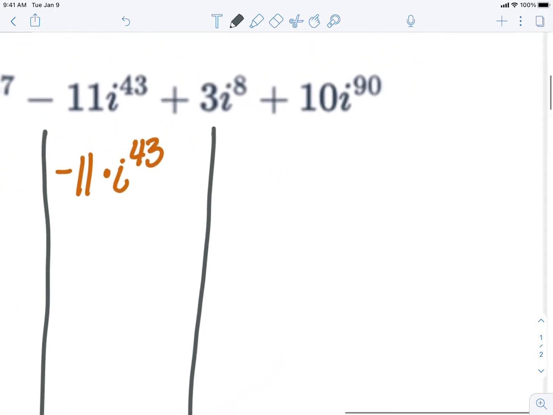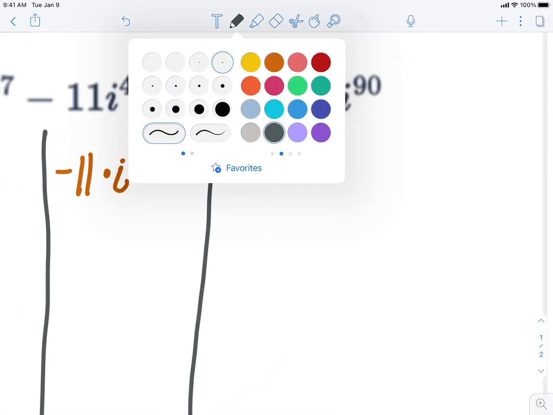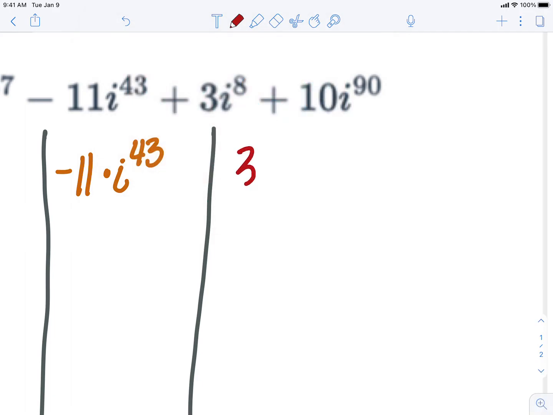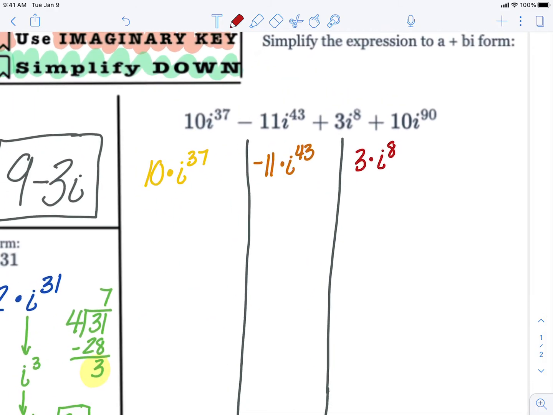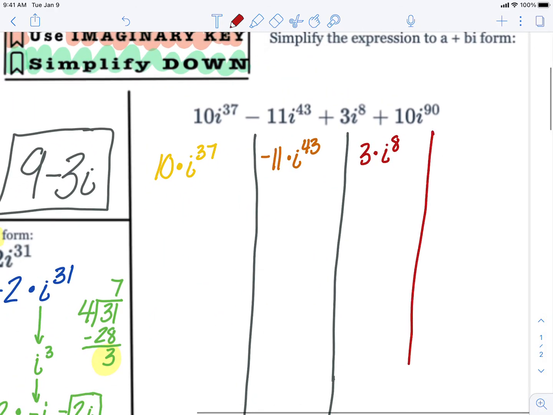Okay. Next, I'm going to do 3 times i to the power of 8. Okay. And I'm going to, nope, wrong color. Separate. I can draw a better line than that. Like that.